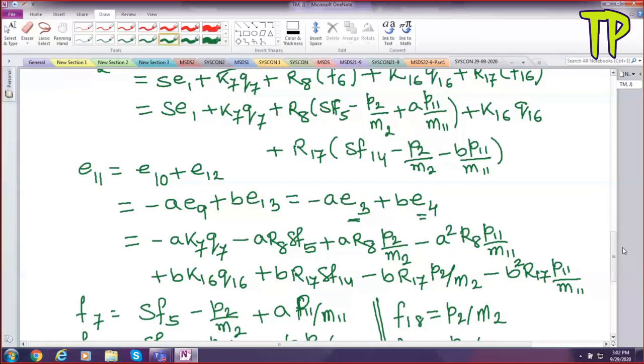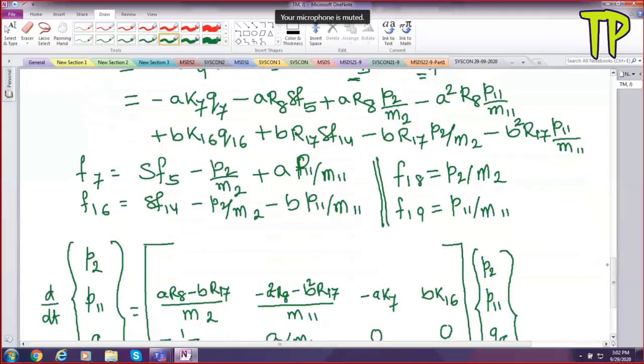So minus R8 plus R17 by M2. That's the first row, first column.